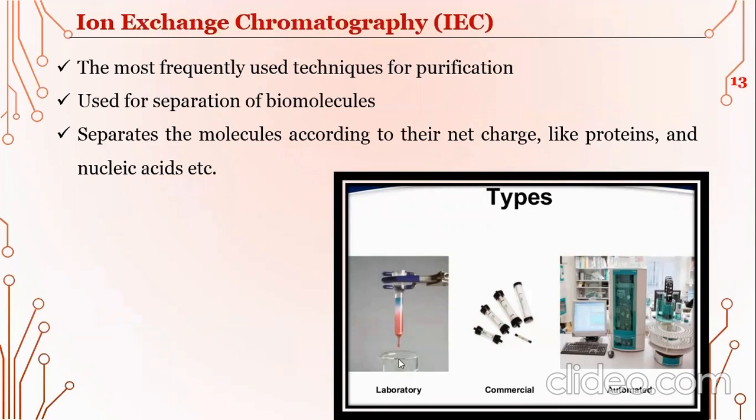This is the resin-based column, the most common in laboratories. Certain commercial kits are available, based on ion exchange chromatography. One can purchase them and use them. Certain automated equipment is also there to perform ion exchange chromatography.